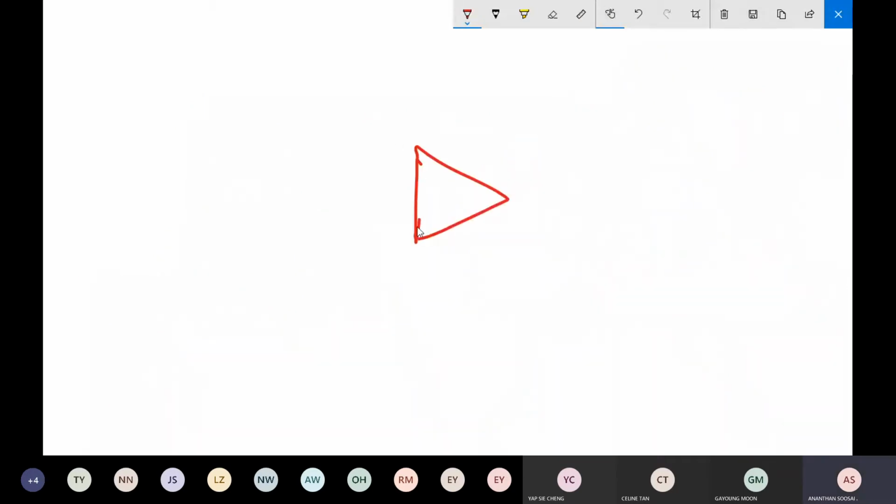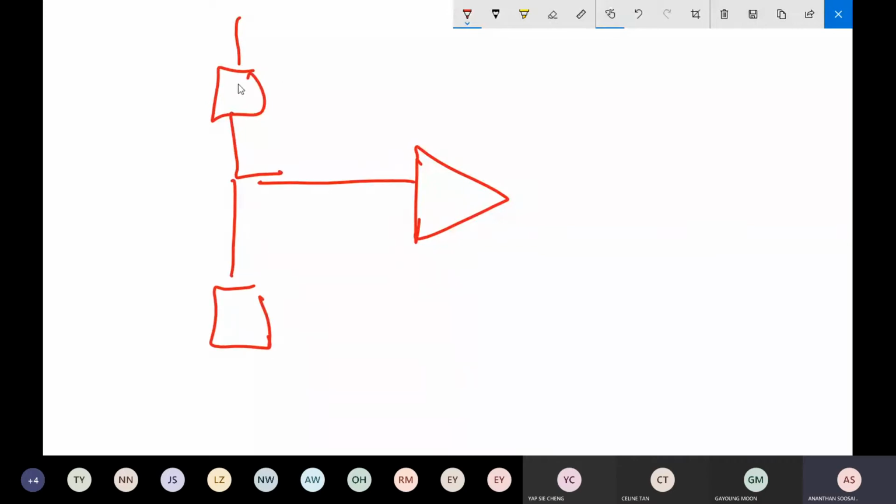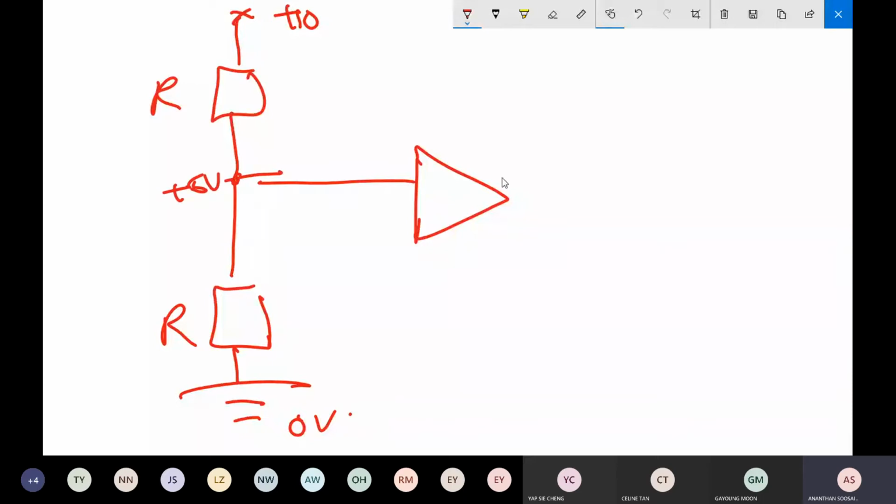You saw two resistances on top here, one connected here and another one here. This is R and this is R. This is positive 10 volt, and this is 0 volt because it's earthed. So of course the potential here is positive 5 volt. So the input at the negative is positive 5 volt.